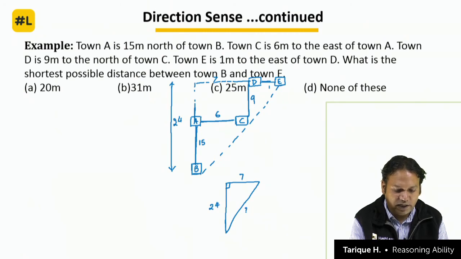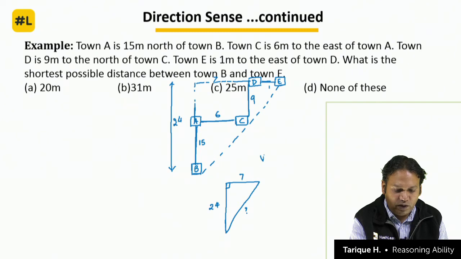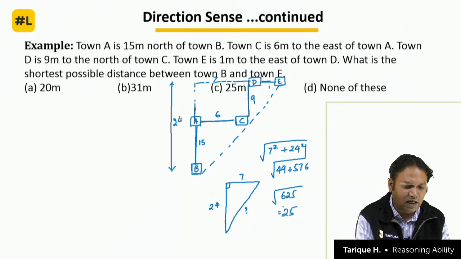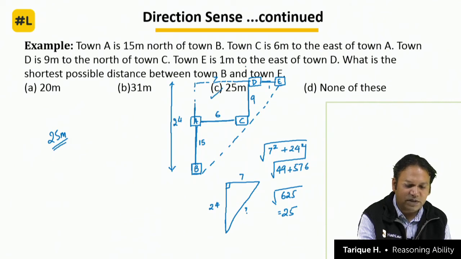So, what is the third side equal to? This third side is the shortest distance. The third side will be equal to under root 7 square plus 24 square, that is under root 49 plus 576. Now, adding 49 plus 576 you get 625, and under root 625 is equal to 25. So, what is the answer? The answer is 25 meters, that is answer option C.